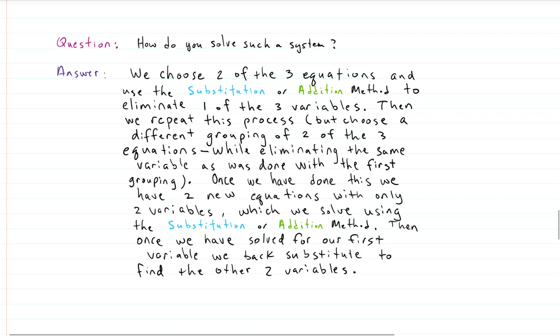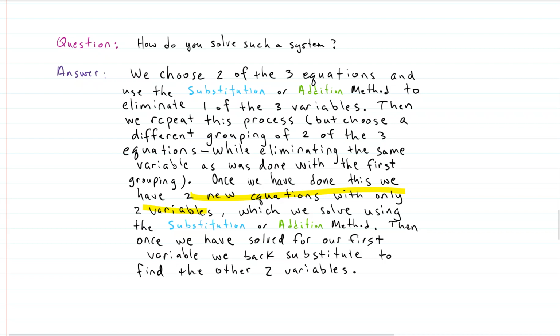Then we go back to our original 3 equations. We choose 2 different equations and eliminate the same variable that we eliminated the first time. Then that will give us another new equation. We take that and put it aside also. Now we have these 2 new equations that only have 2 variables.